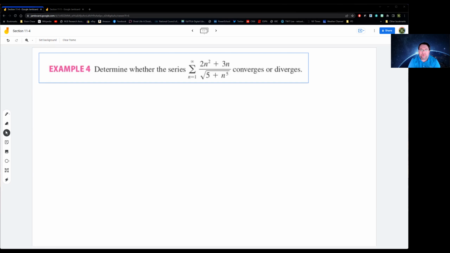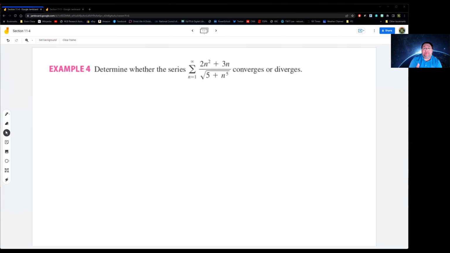The problem that happens when you're trying to do a comparison test where they both change is that it becomes really hard to determine if one's going to be greater than the other or less than it. So whenever you get something a little more crazy where things on the top and bottom change, you're probably not going to be able to do a simple comparison test. You're going to have to look at the limit comparison test, which is what we're going to have to do in this one because my numerator and my denominator both change.